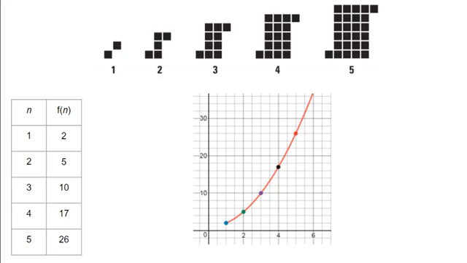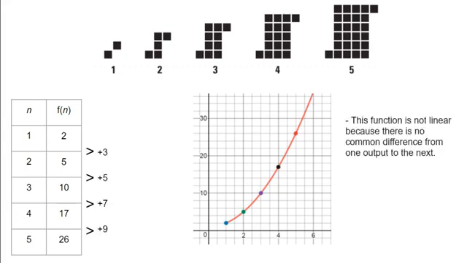But if we look a little more closely at the differences or ratios, looking for a common difference or a common ratio in our table, we don't see those. So the difference between the first two outputs is 3, between the second and third is 5, between the third and the fourth is 7, and the fourth and the fifth is 9.